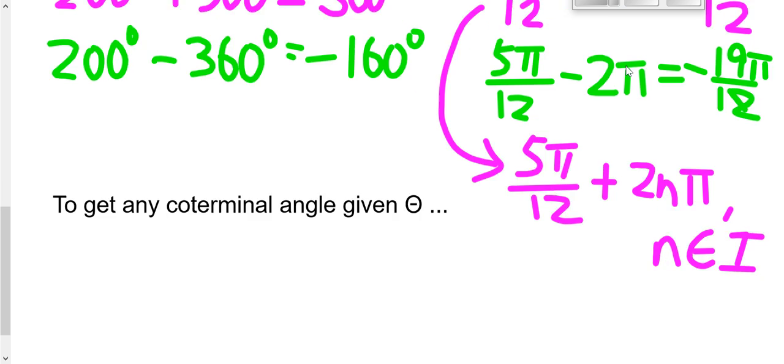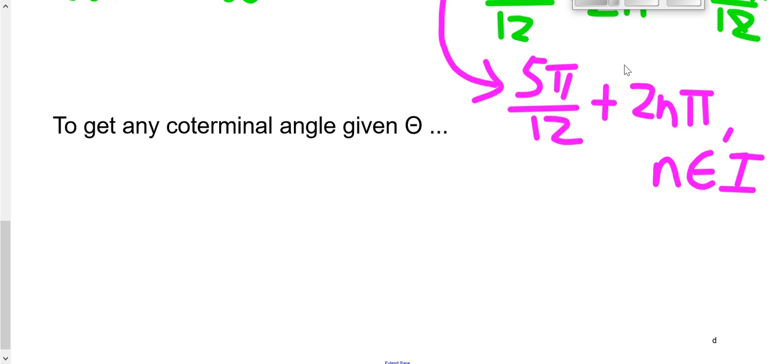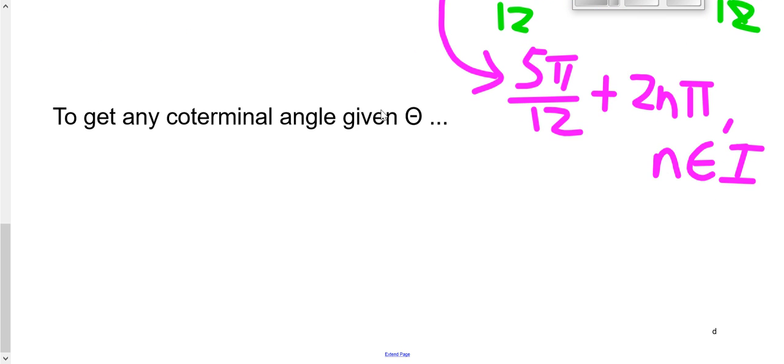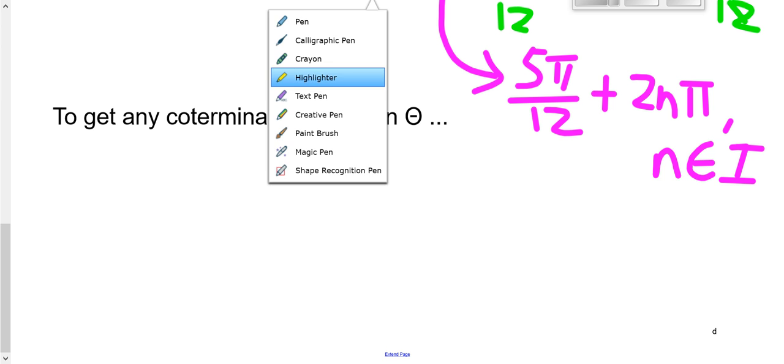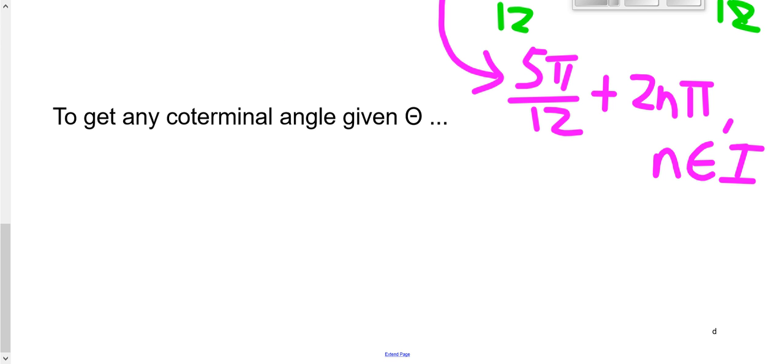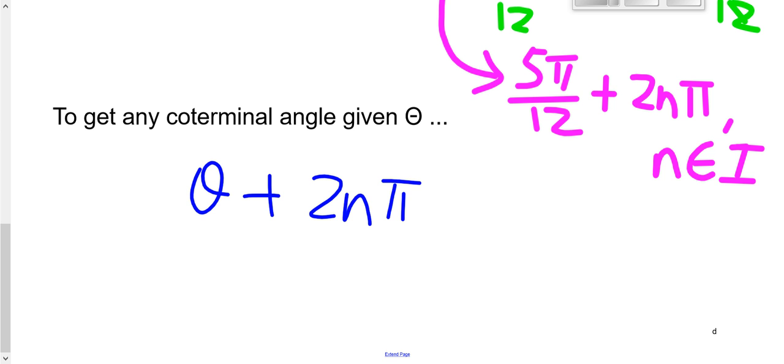Now to get to the last part, to get any coterminal angle, we can do this. We write down the angle theta and add, just like what we did here, 2n pi, and n could be any integer, positive and negative.